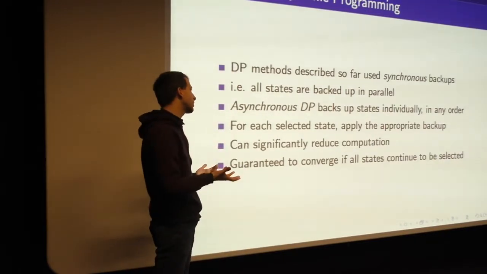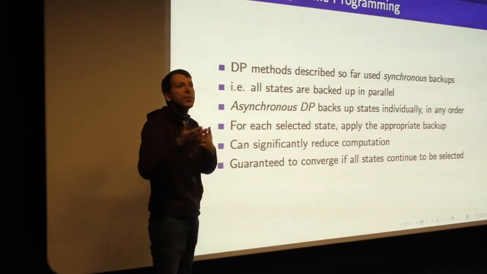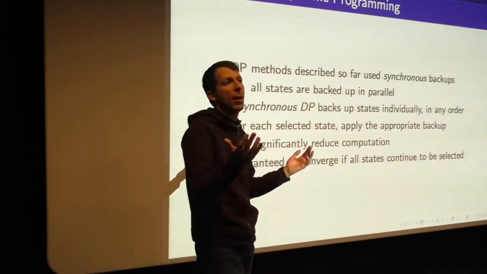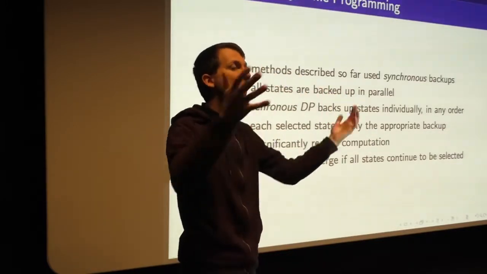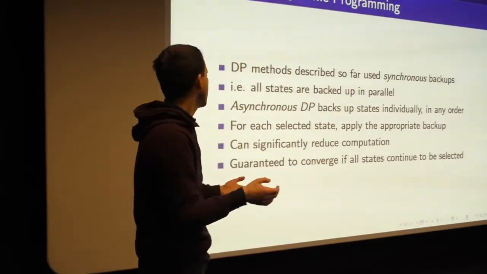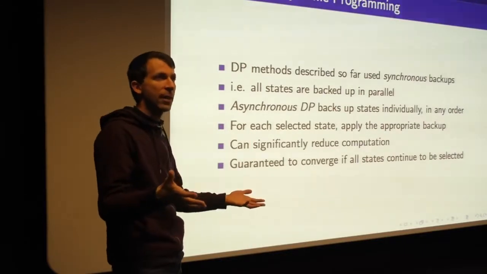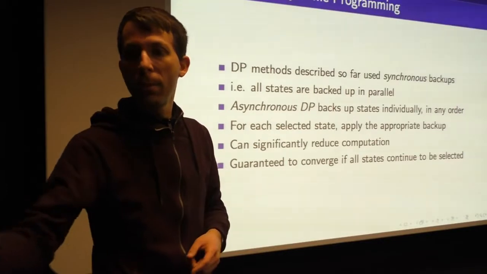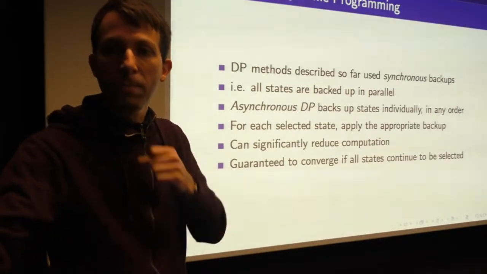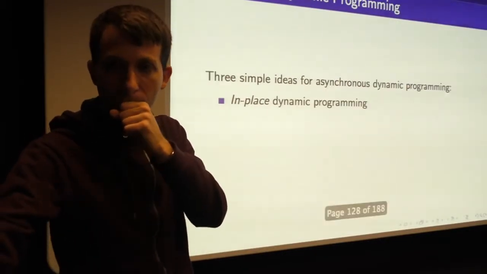And a nice result tells us that as long as you continue to select all states, it doesn't matter which order you select them in, as long as you continue to select everything at least sometimes, your algorithm will still converge to the optimal value function. So this all still works. Value iteration, for example, still works. Policy iteration as well.